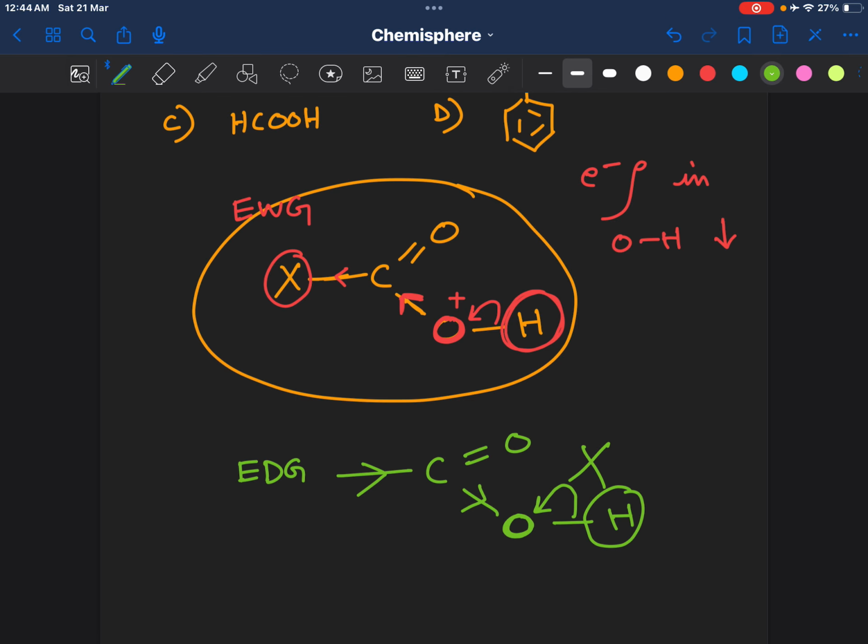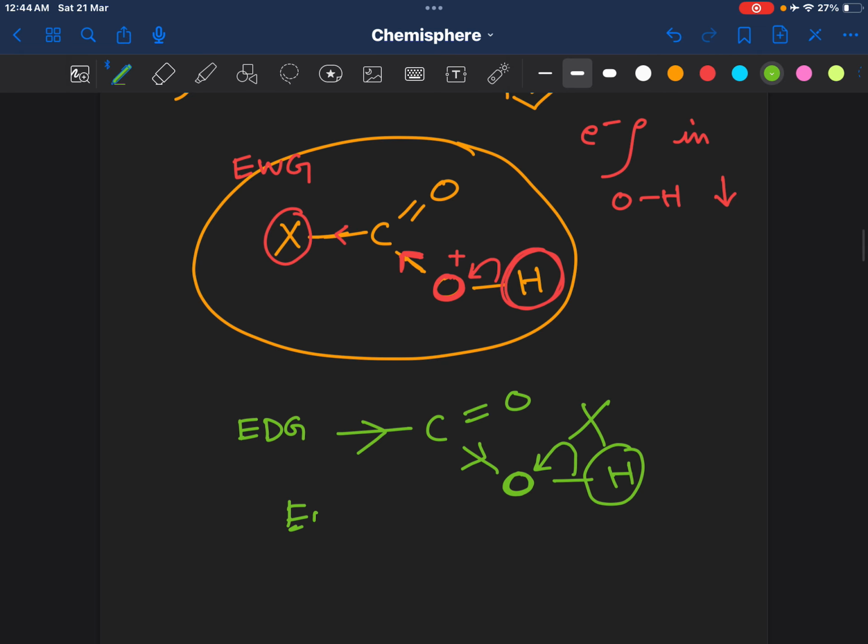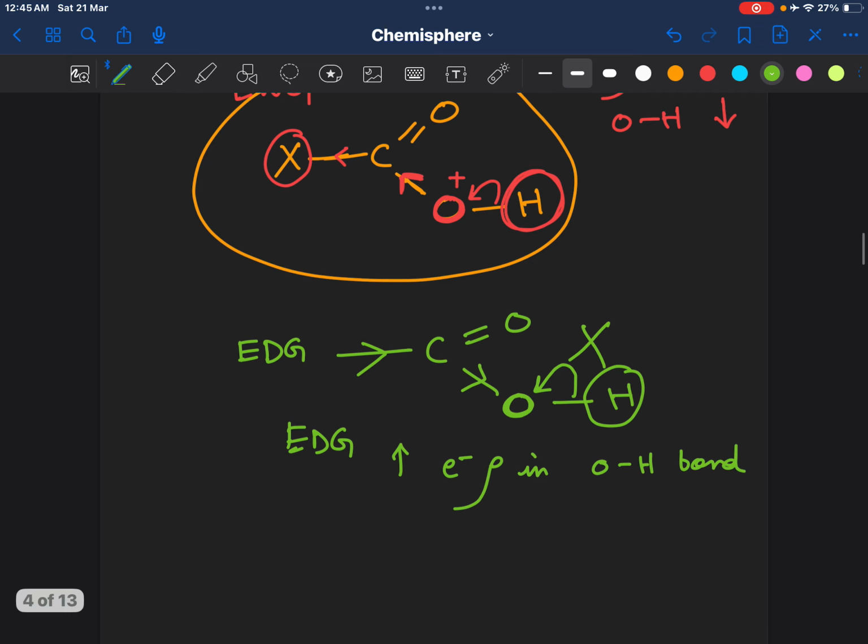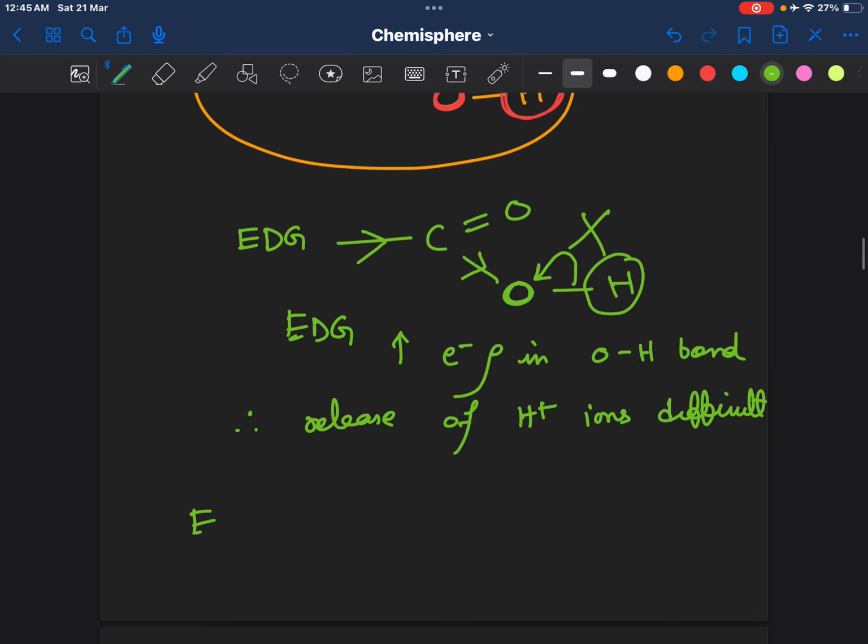So therefore electron donating groups increase the electron density in the OH bond, and therefore release of H plus ions is difficult. So we just need to know that electron withdrawing groups increase acidity, electron donating groups decrease acidity.